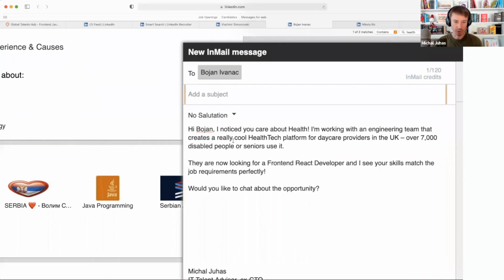Now, some super catchy subject. We know he's passionate about health, so we should somehow mention it, right? Health startup. That's so boring. Health startup, job opportunity. Oh, no. It needs to be something catchy, something that triggers some curiosity.